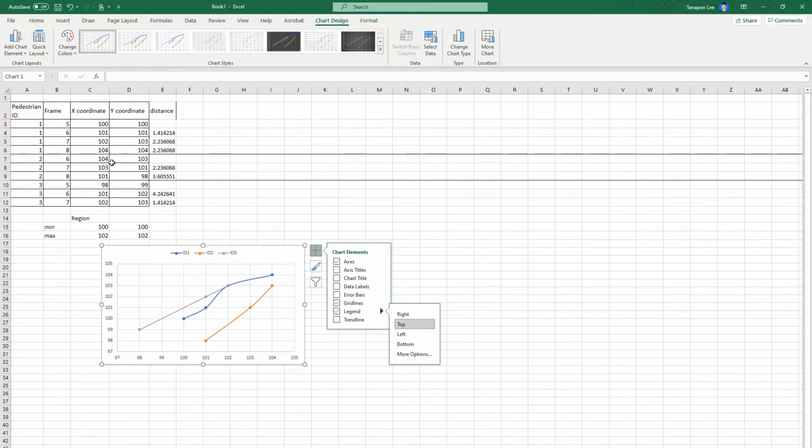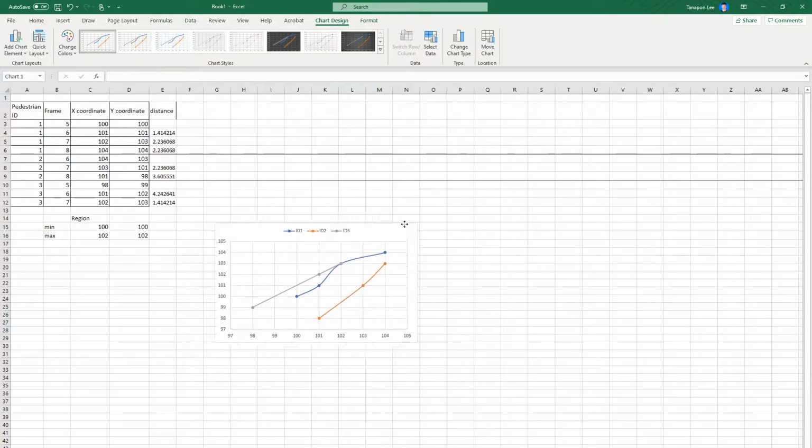He starts from 104, from the east, and he travels southwest like this. And ID 3 starts from 98, so he starts here, and he is also going northeast as well.